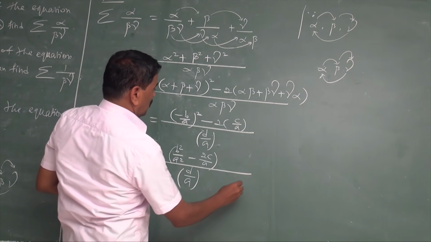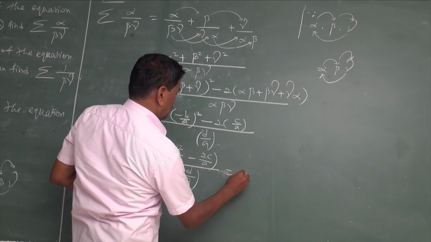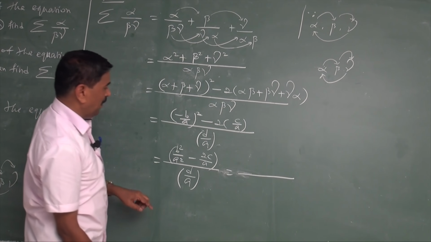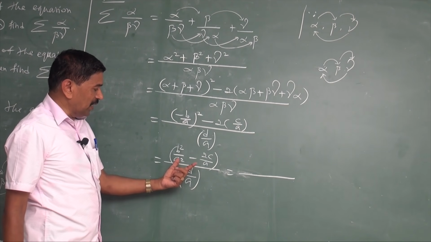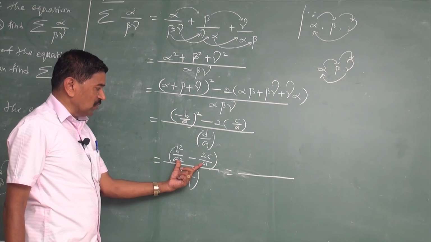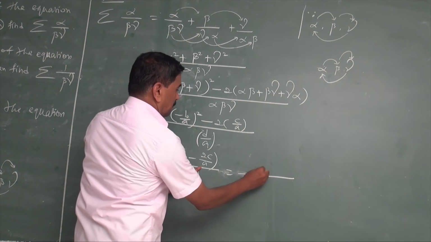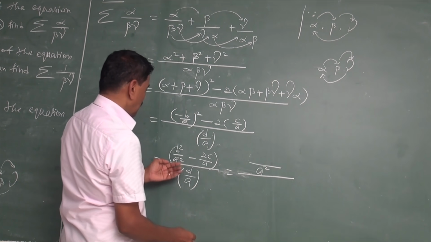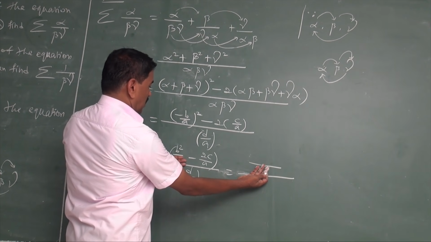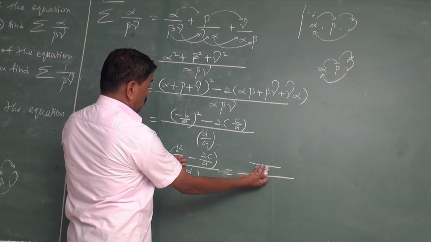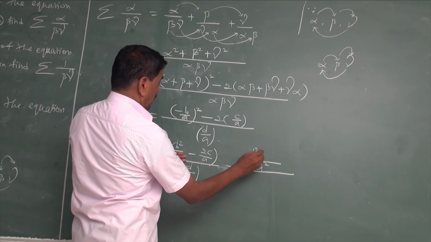In the numerator, the first denominator is a square and the second is a, so a square is the LCM. The denominator a square cancels, giving 1, and 1 into b square is b square.